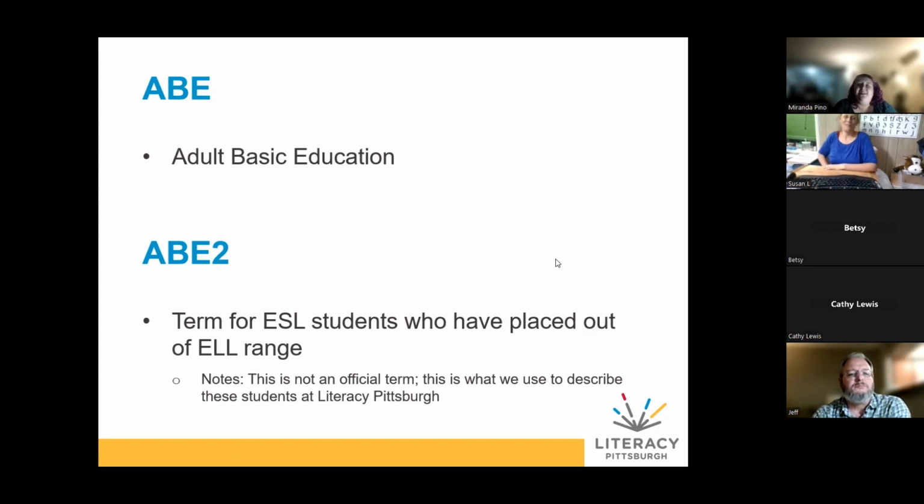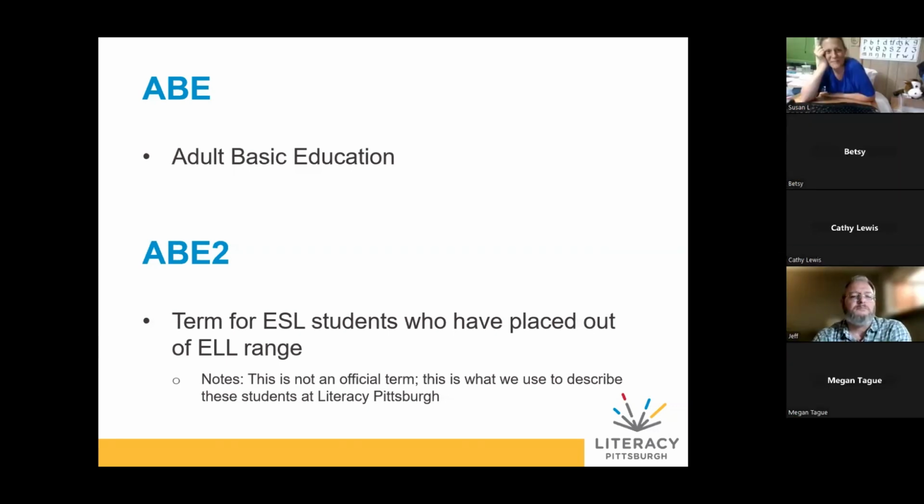And then we have ABE2 students, which, as Susan mentioned, one of her students has moved on from the ESL testing. So ABE2 is a term that we use inside of Literacy Pittsburgh to denote students who have tested out of our ESL testing. They are really advanced, but they still, at any age, at any level, any student can learn.